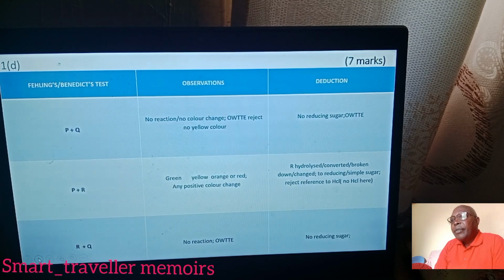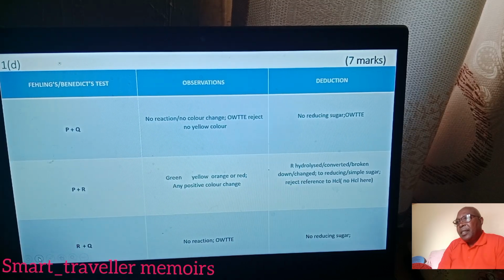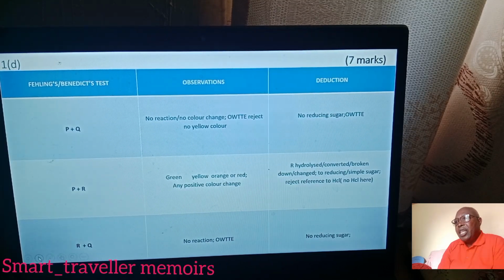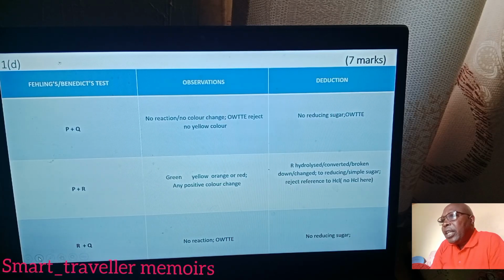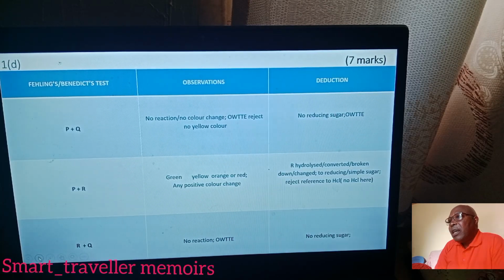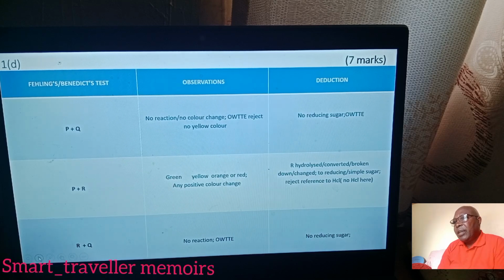1D, Benedict's test. When you mix P plus Q, observation was no reaction, no color change, or ones to that effect, but reject no yellow color, and deduction is no reducing sugar, or ones to that effect. P plus R, observations: green, yellow, orange, or brown, any positive color change.